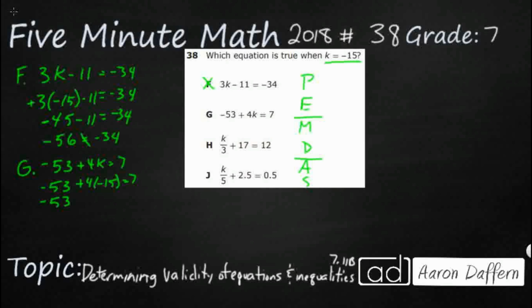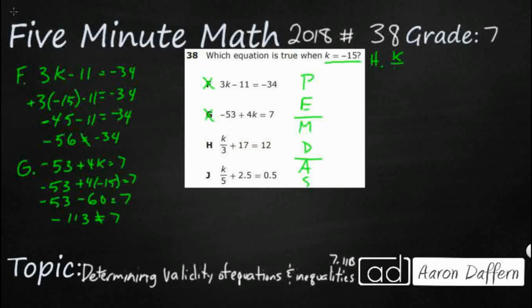I could do a plus negative 60, or I'm just going to subtract 60. You could do a plus negative 60 if you want to. It's going to end up being the same. Once again, I've got negative 53. I'm going to subtract 60, so that's going to take me further away from 0. So it's like I'm adding it. Negative 113 definitely does not equal 7. So it's not G.